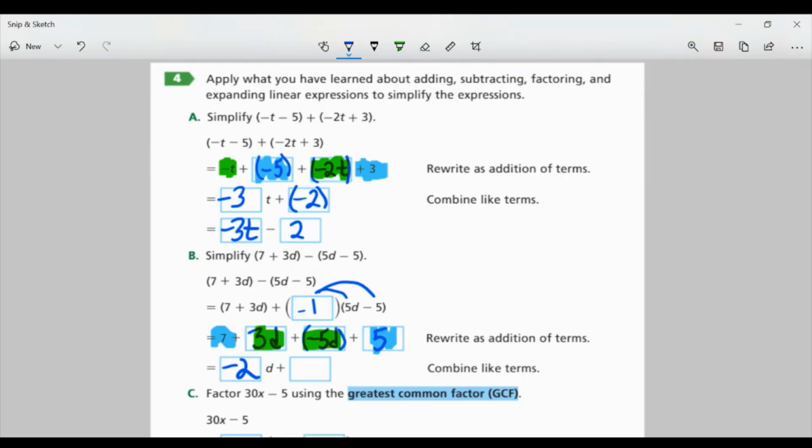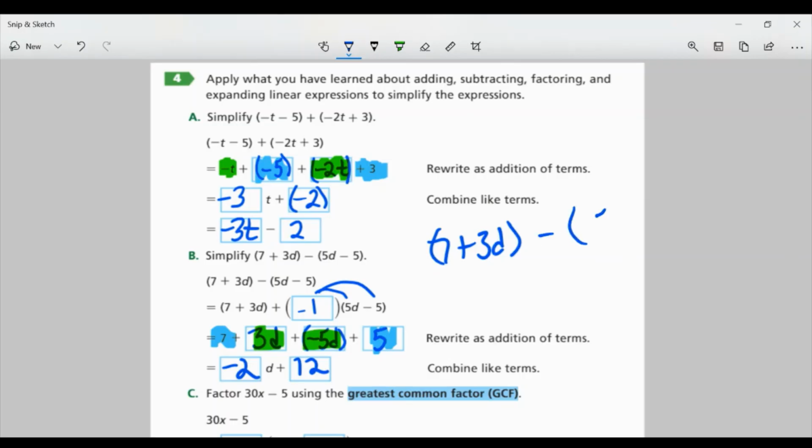Plus, I have 7 plus 5, which is 12. Okay? It seems like a lot, but it's the way, obviously, the book has it broken down. It shows a lot, but really, we're just taking 7 plus 3d, and I'm not even going to do the plus.